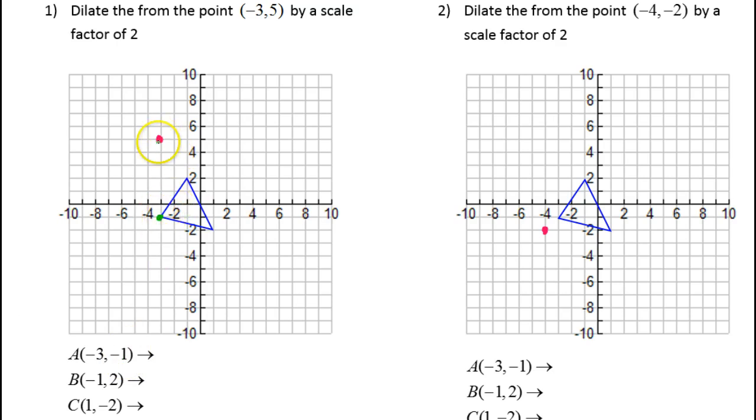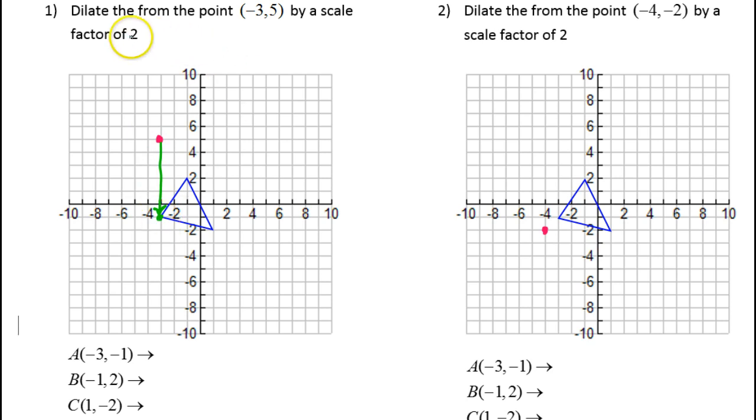Now, how would I get from the center to point A? Well, this is relatively simple because I would just drop straight down like this. I just went from 5 to -1, so that was 6 units that I just moved straight down.